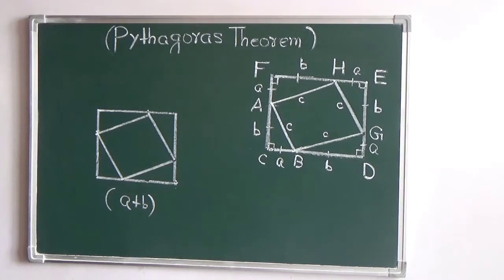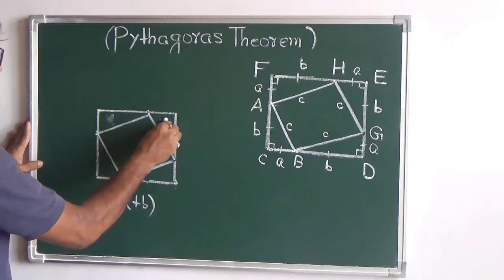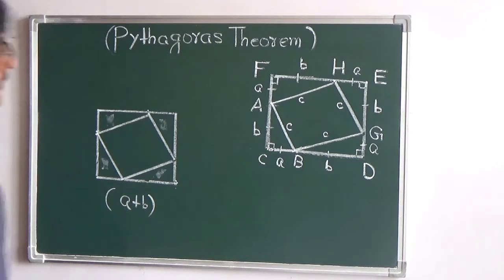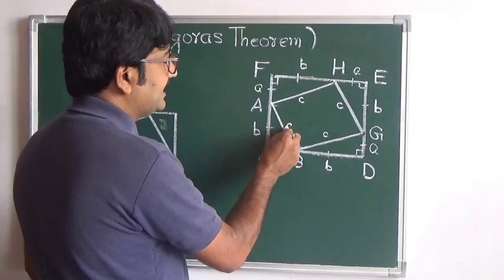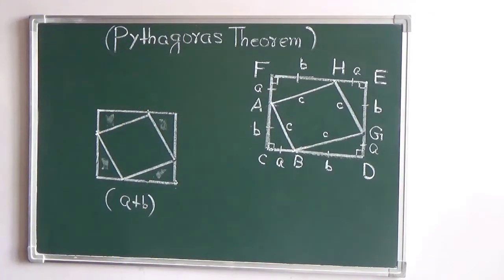We have assumed this square and we have assumed four congruent triangles. Congruent triangles you know very well. The triangles are congruent because side A, side B and side C for each of the triangles are the same. The corresponding sides are the same.